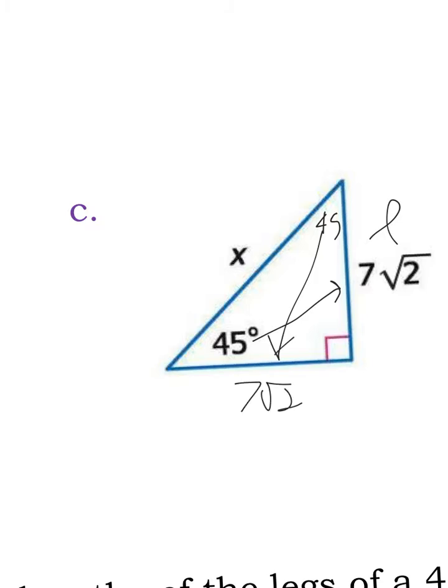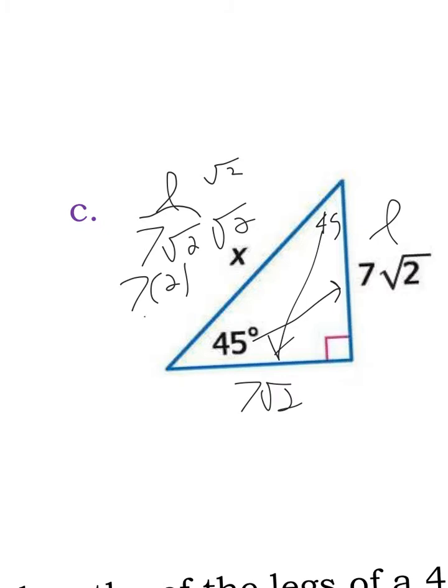So I have 7 radical 2 radical 2. Okay, because this is the L, and that's the extra square root 2. So if L square root 2, this turns into 7 times 2. That turns into 14. All right.